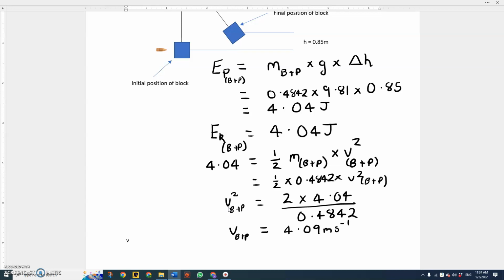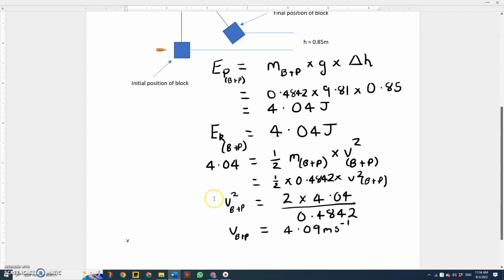Okay, now to find the actual speed of the pellet just as it strikes the block, which is what we're actually trying to do in this question, we know that momentum is conserved during this collision. So this is an inelastic collision. Kinetic energy is not conserved, but momentum is conserved.